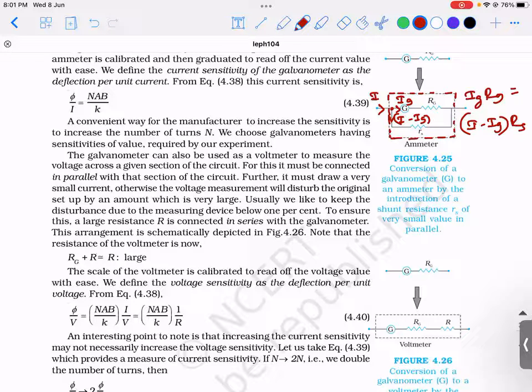So I can find the value of shunt resistance that I need to connect: Ig into Rg divided by I minus Ig. If you know the maximum current the ammeter is supposed to measure, then you can choose your shunt resistance in accordance with it. Are you able to understand?